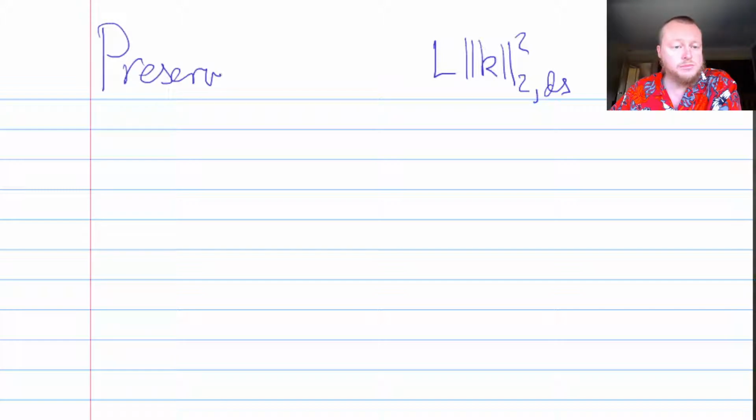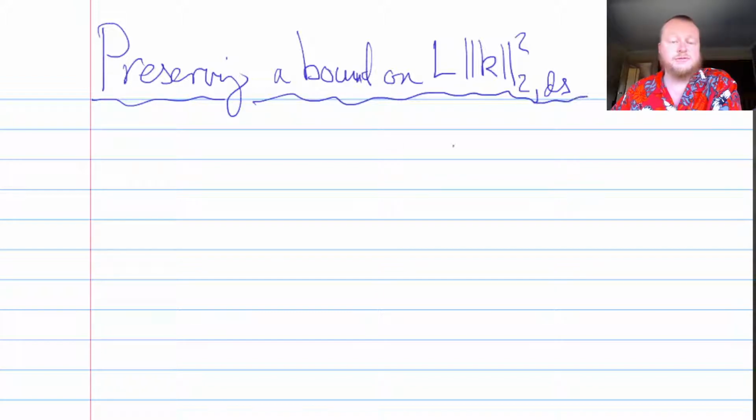So let's call this preserving a bound on that. Now I'm going to have to give you a little warning. We're going to amp up the level of the shortcuts that I'm taking.